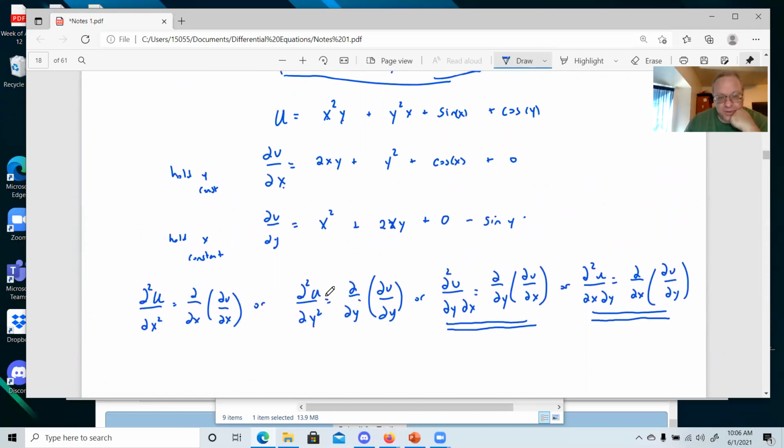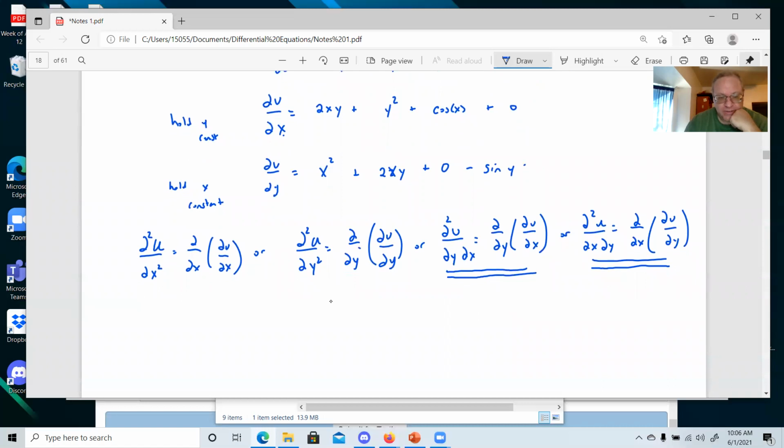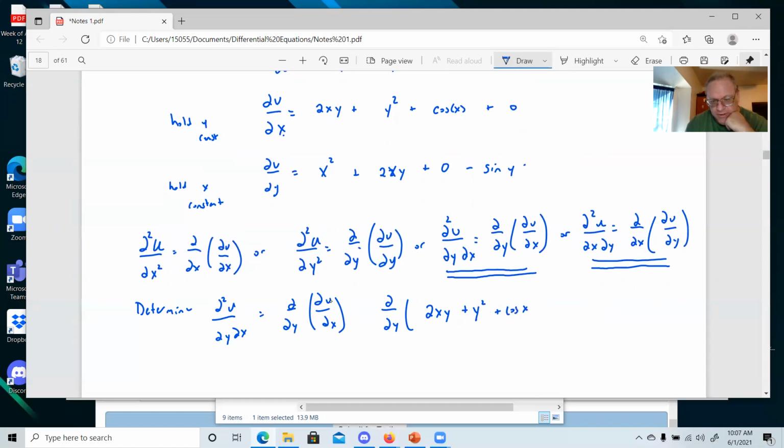Okay, so let's determine d squared u of dy dx. I'm going to take the derivative with respect to y of du dx. What was this? This was 2xy plus y squared plus cosine x.